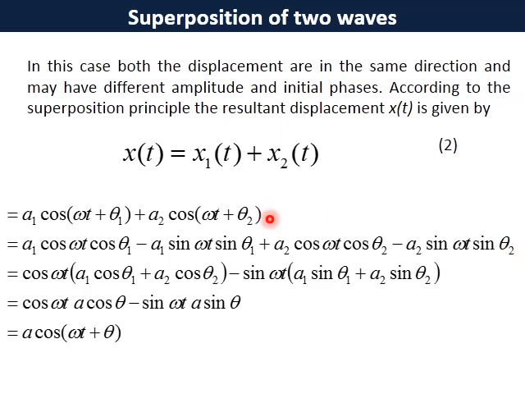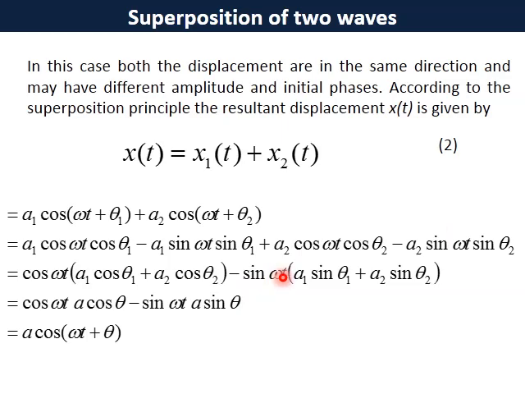Okay, very simple. Now, in order to make my life simpler, I will take the common term cos omega t from here and from here. Taking cos omega t common, inside the bracket I have a1 cos theta 1 plus a2 cos theta 2, minus, now I'll take sin omega t as common from here and here.